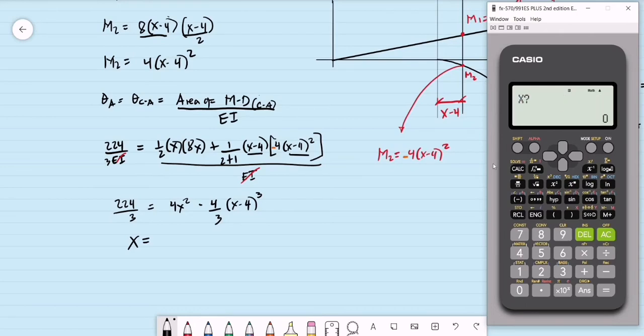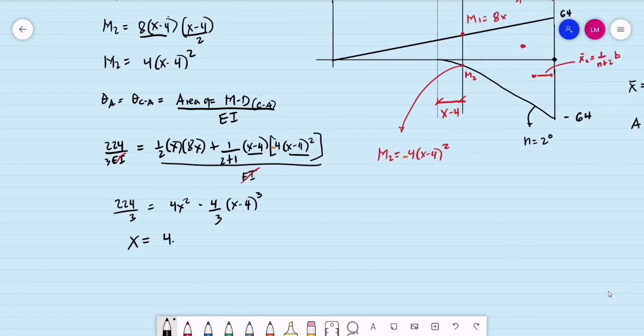Before we press equals, the assumed value of x is near the value of 5 or near the value of 4. So let's say press 4, then press equals. We have a syntax error here. Shift solve 4. So we have the location of the maximum deflection at a distance of 4.322 meters. So the assumption is correct.